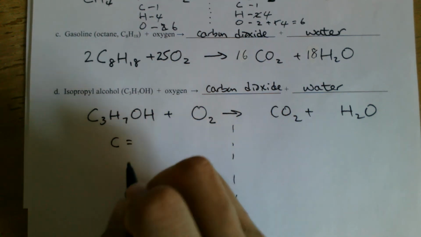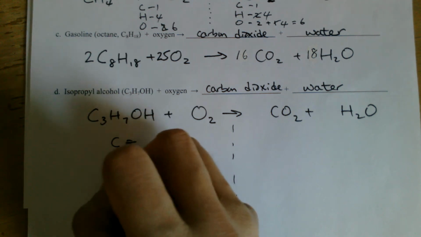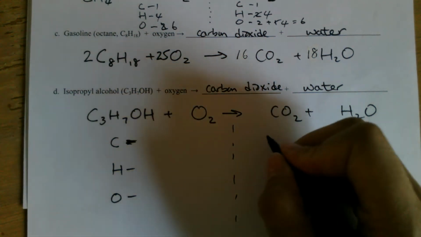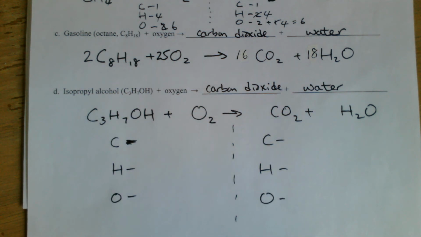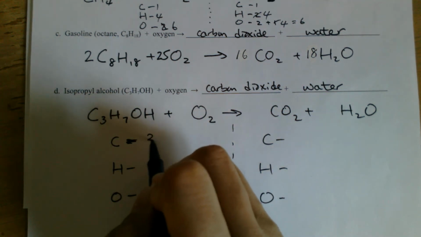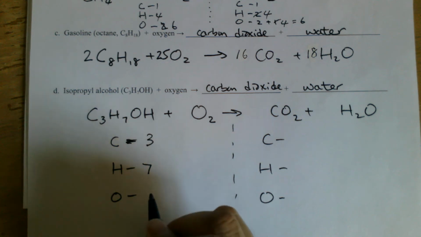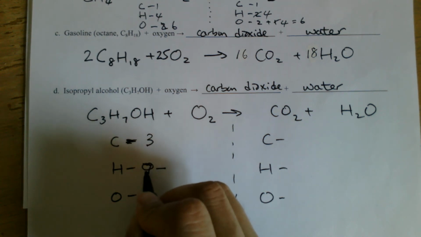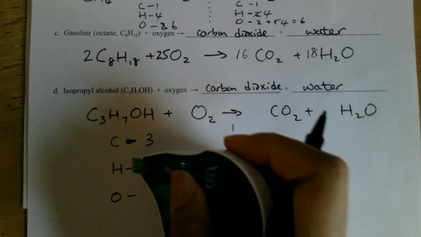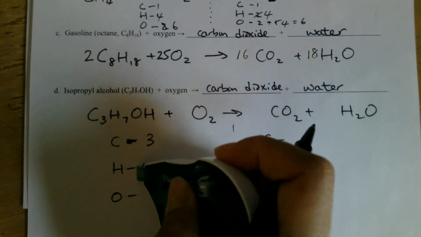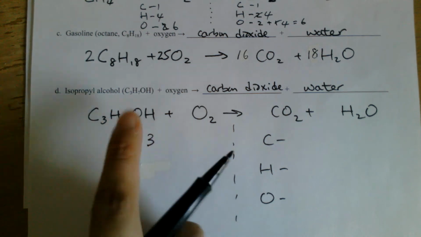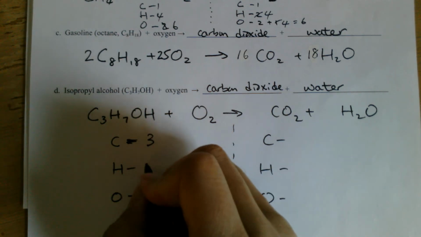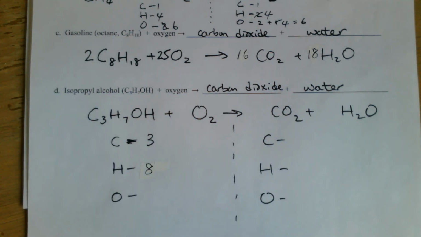Label our carbon, hydrogen, and oxygen. On the left side, we have 3 carbons, 7 hydrogens, or actually 8 hydrogens. Forgot that there's one after the oxygen. So there's 8 hydrogens and 2 oxygen.